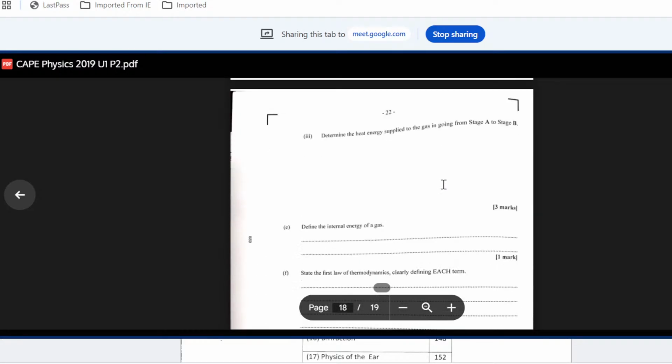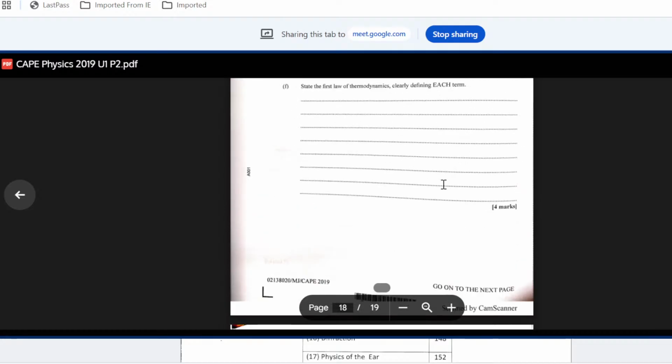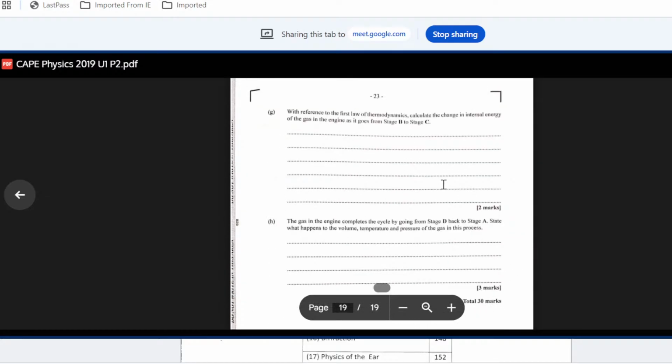So when they say determine, where is it? With reference to the first law of thermodynamics, calculate the change in internal energy of the gas as it goes from stage B to stage C. So one mark is to state the law of thermodynamics, which is that delta U is equal to Q plus W, but that Q is equal to 0.